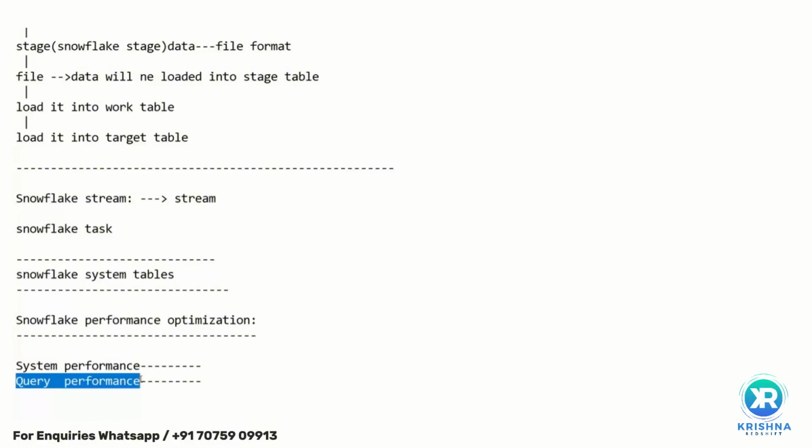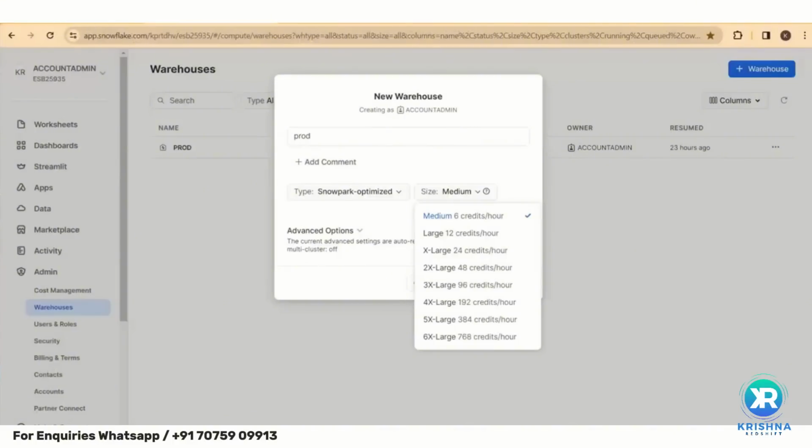But out of 100 queries, let's say one query is stuck, meaning it's running longer, and it is taking all the system resources. For example, you have a 4X large virtual warehouse, and it is using all of it. That means it is eating up all the resources.